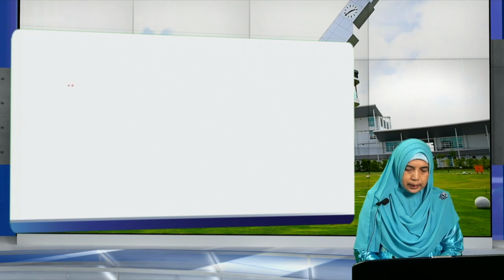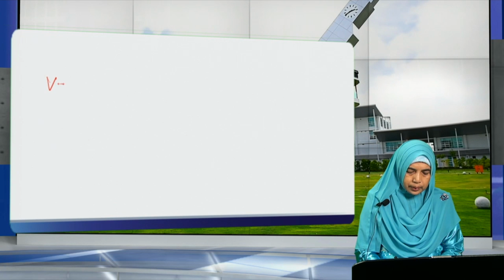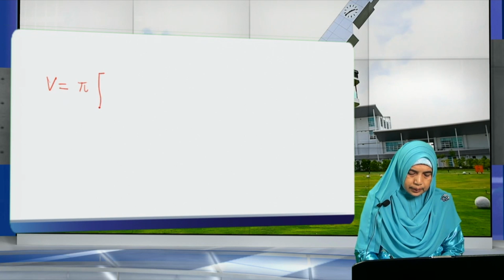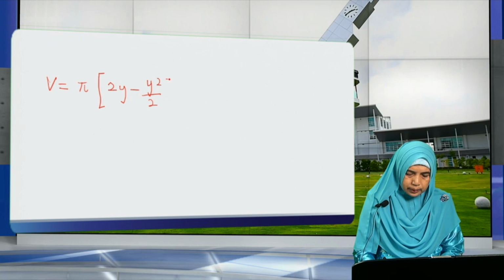So the volume equals pi times the integral. We have 2, so integrating that gives 2y, and we have y, so integrating y gives y squared divided by 2. Then we evaluate from 1 to 2.